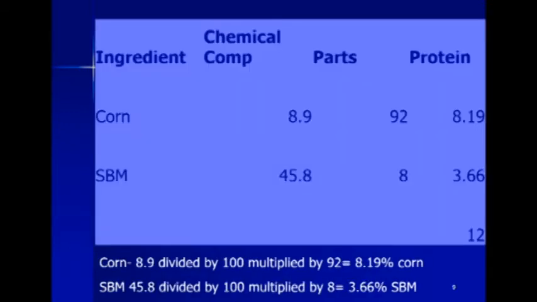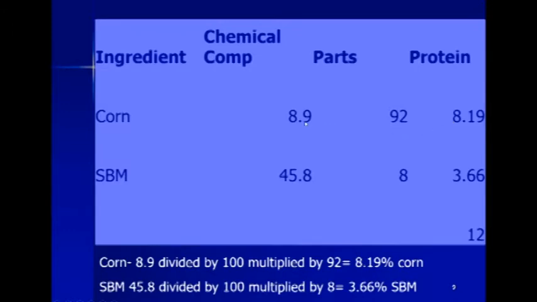Now for just confirmation, we have corn and soybean meal. Here is the chemical composition: 8.9% protein, 45.8% protein, and the parts which we calculated out of 100: there are 92 parts of corn and 8 parts of soybean meal. Now, keeping in mind these values, we can get the protein available from corn.